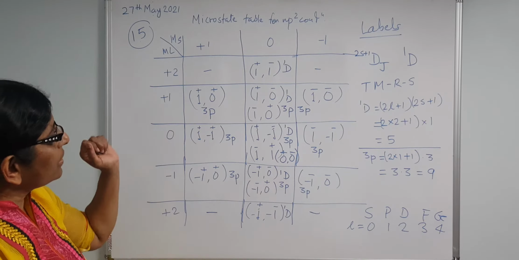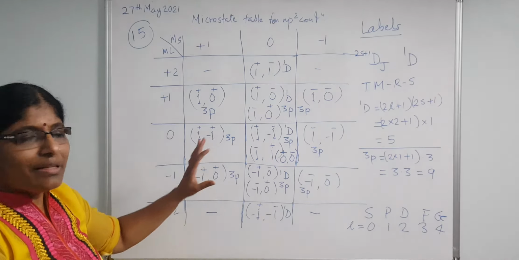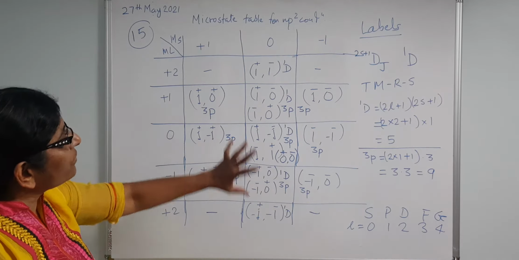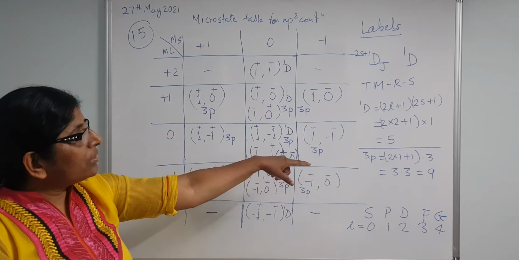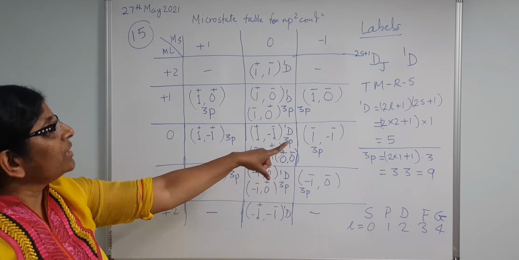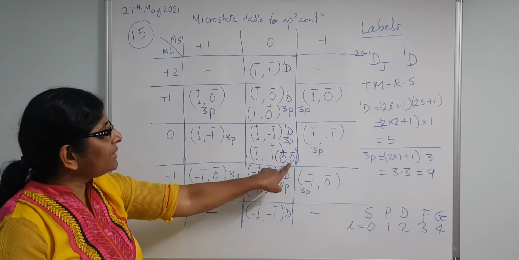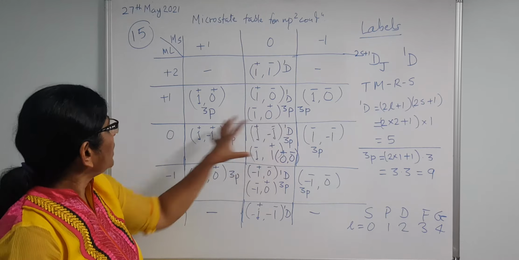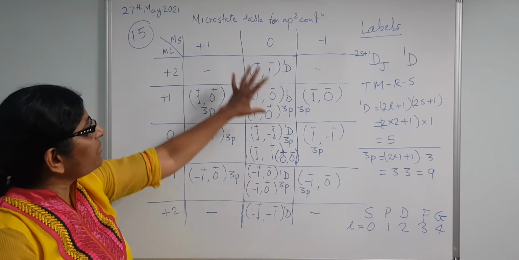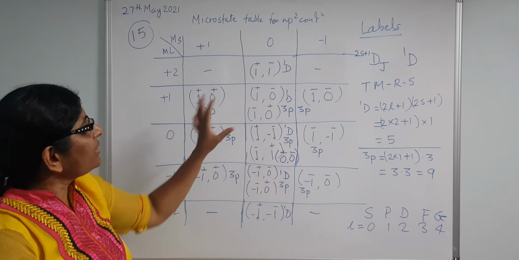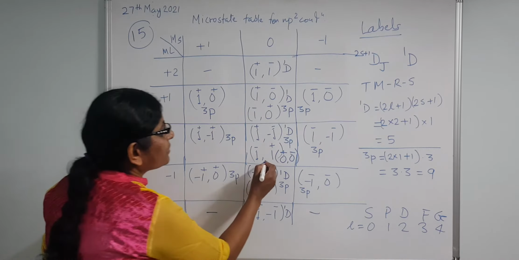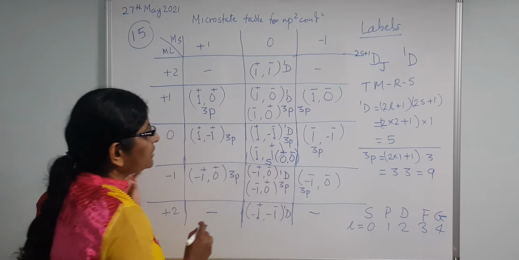Now just check which microstate is left without a label. 9 plus 5, how much is that? That is 14. Total microstates are 15, so only one is unlabeled, and it is in this block: ML is equal to 0 and MS is equal to 0. If ML is 0, the label is S. We write it somewhere here to adjust.